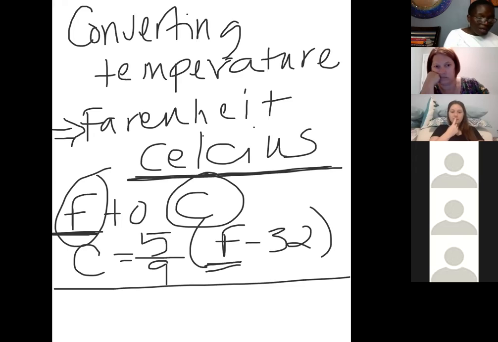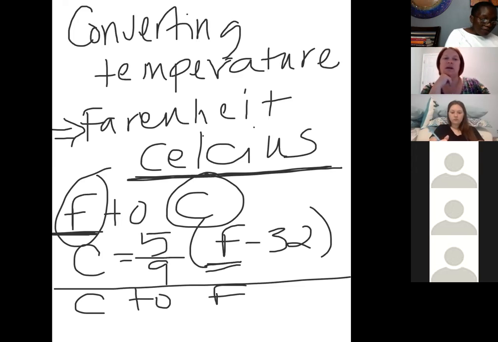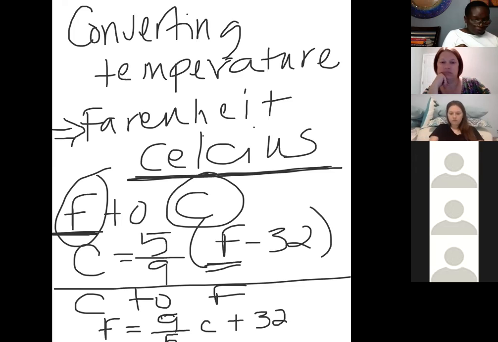Now, vice versa, if you wanted to convert Celsius to Fahrenheit, the formula for this, guys, is F equals 9/5 of C plus 32. Okay, all right. So let me go ahead and go to the next page. Hold on a second. Let me create a new page. Okay.